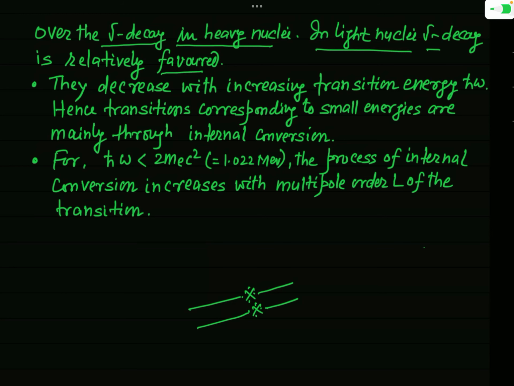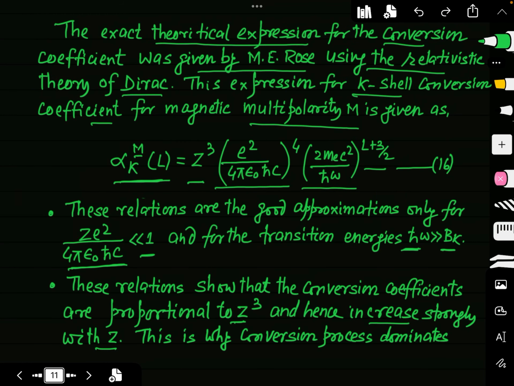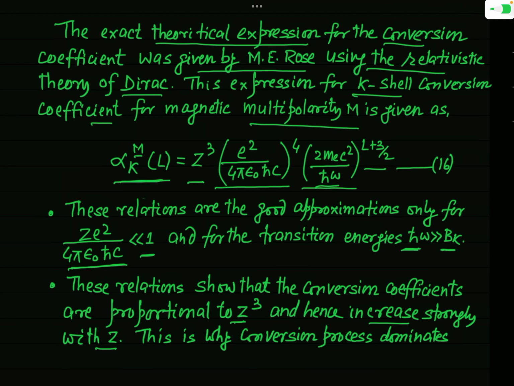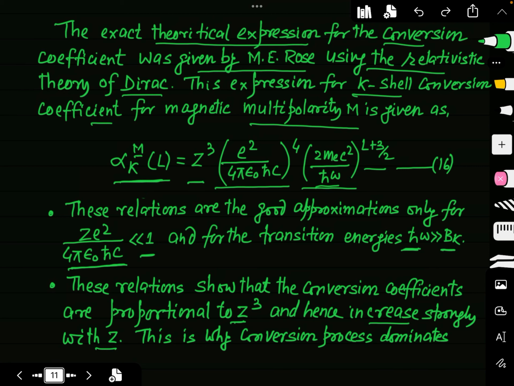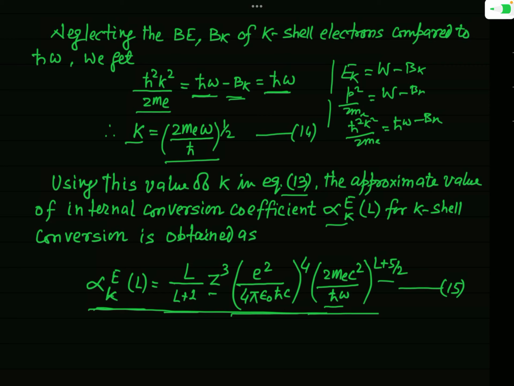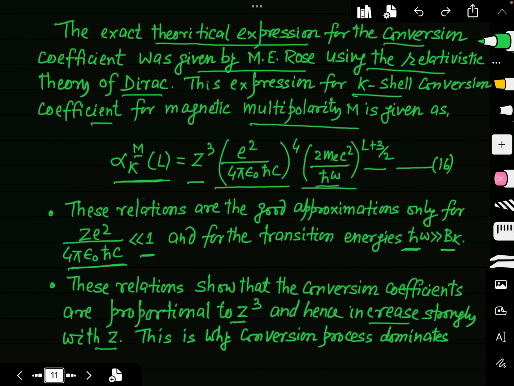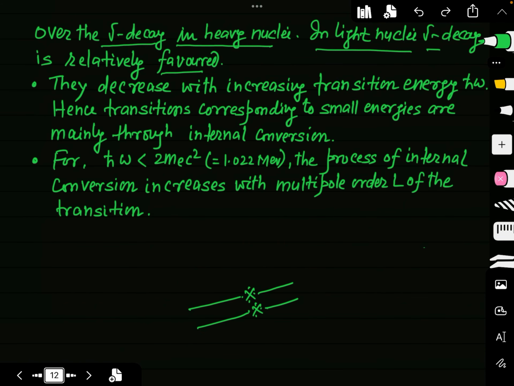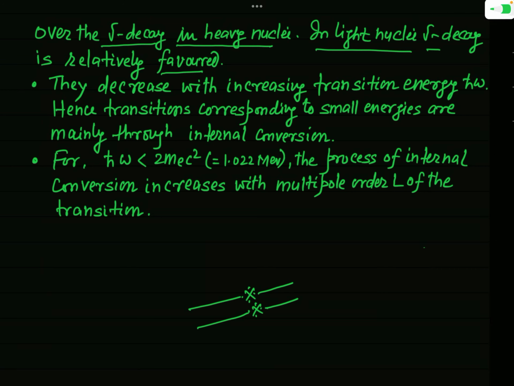Now see these two expressions. In both of the expressions, this h bar omega factor is in the denominator. You can see the other expression too, h bar omega is in the denominator. So you can easily say that if h bar omega is large, then alpha will be small. So I have mentioned it here that they decrease with increasing transition energy h bar omega. It is obvious from the result.